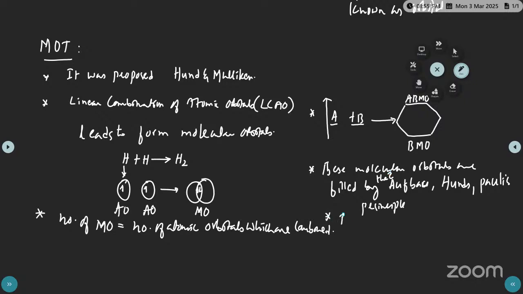And next, if the number of electrons in a molecule is up to 14, the configuration is different from the number of electrons above 14. Suppose the total number of electrons in a molecule is up to 14, the configuration is like this. Configuration ఎలా ఉంటుంది?